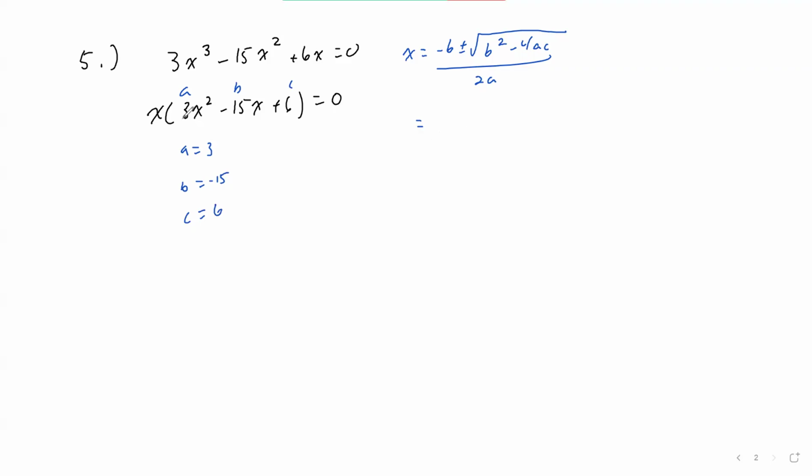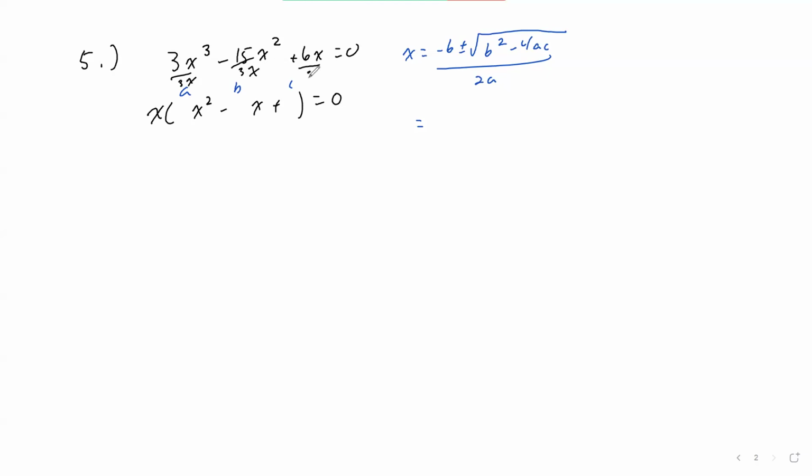Actually, as I look at that, I just realized that they were all divisible by 3, so I can actually make my life a little bit easier. And not only do I notice there's an x, but I also notice there is a 3 in common.